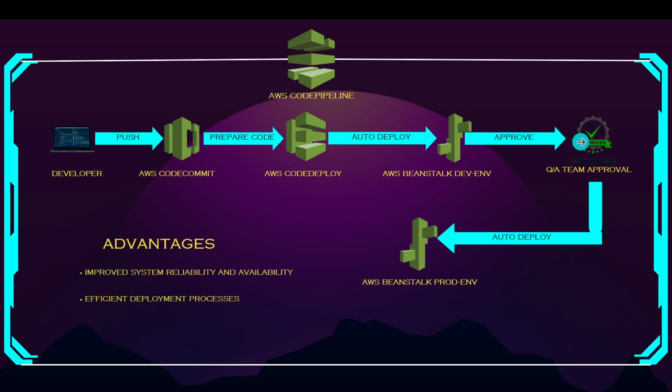So the moment they approve, it will automatically get deployed to the prod environment. There are many advantages of having these automations, and I have just highlighted two, and one of them is that it will improve the system availability and reliability.